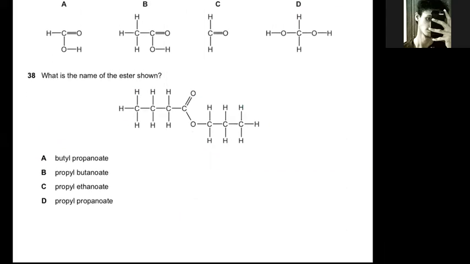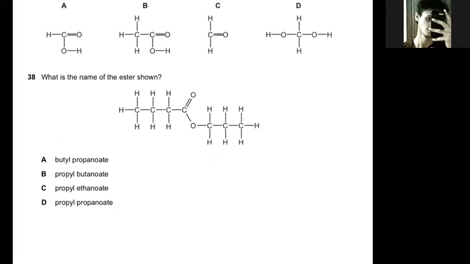What is the name of the ester shown? To name esters, we first name the part that came from the alcohol, and then we name the part that came from the acid. This part came from the alcohol. Here we have 3 carbon atoms, so it will be propyl. So the first option is wrong.